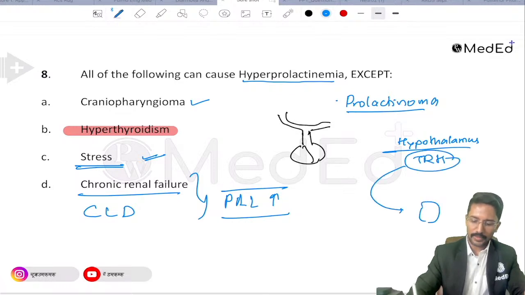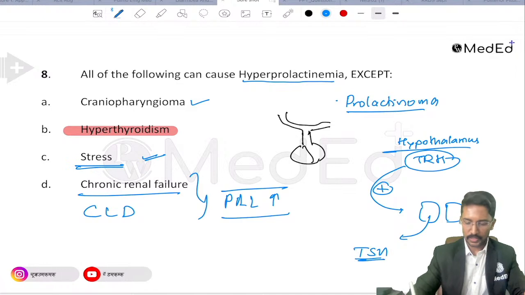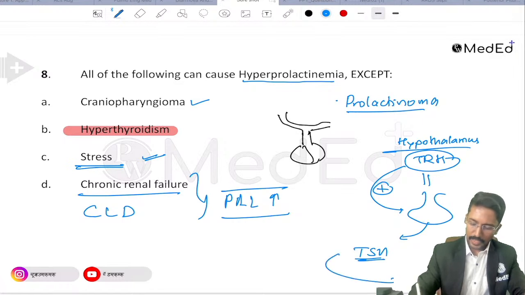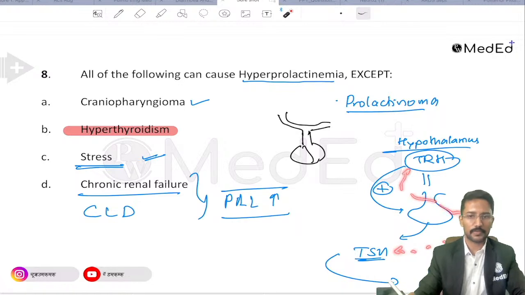This will come and have a positive influence on the pituitary gland to produce TSH. It will influence the pituitary gland to produce TSH, and the TSH will act on the thyroid gland to produce T3, T4. Okay, and these will have a negative feedback inhibition. TSH it will suppress, TRH it will suppress, right?